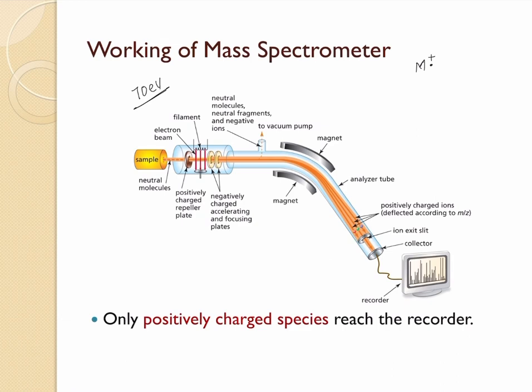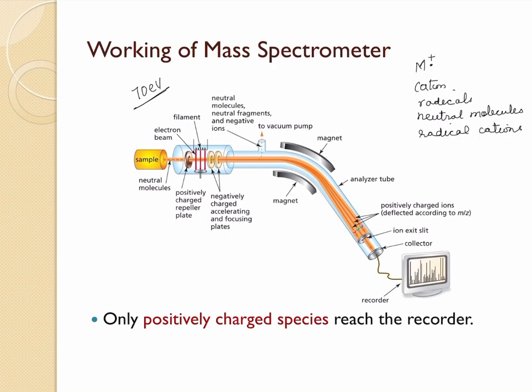Also remember that this electron bombardment injects so much kinetic energy into the molecular ion that it breaks into different fragments such as cations, radicals, neutral molecules, and other smaller radical cations.